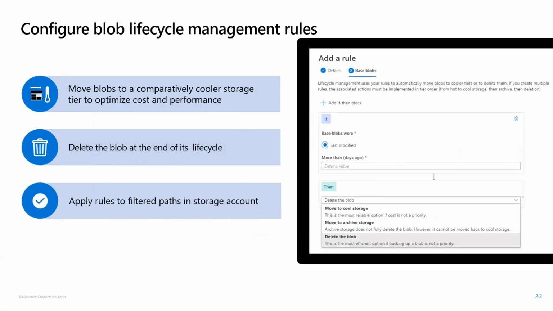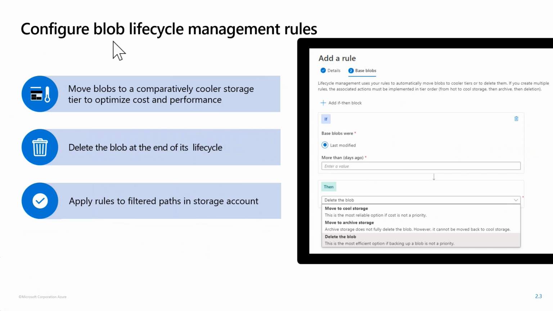There are some automation rules that you can take advantage of to include storage lifecycle management, which offers rule-based policies that you can use to transition blob data to the appropriate access tiers, or to expire the data at the end of its life cycle.